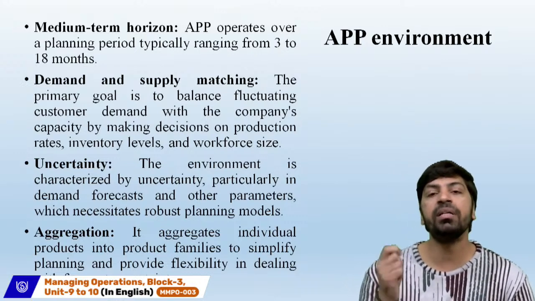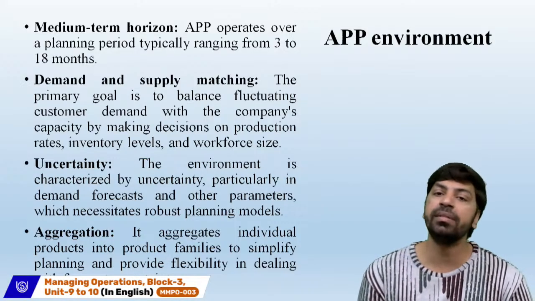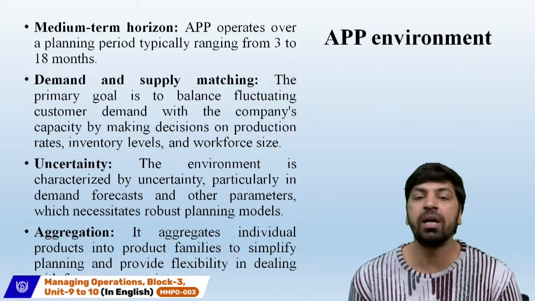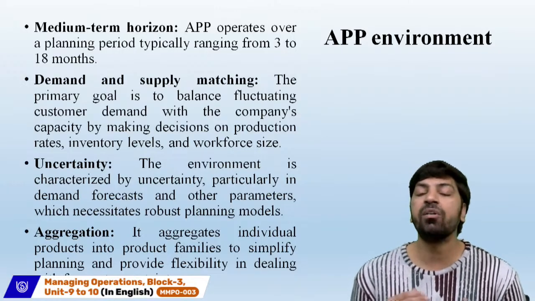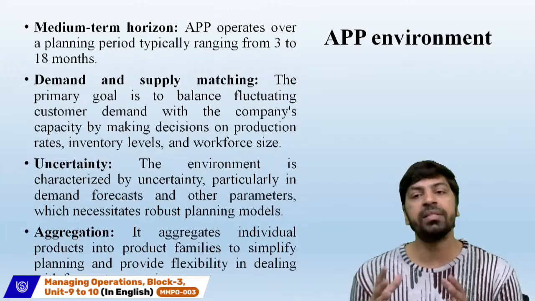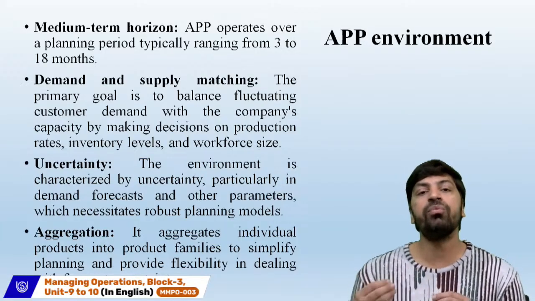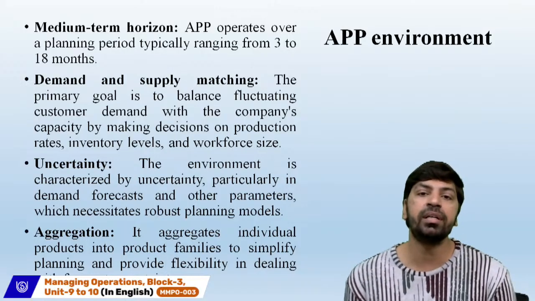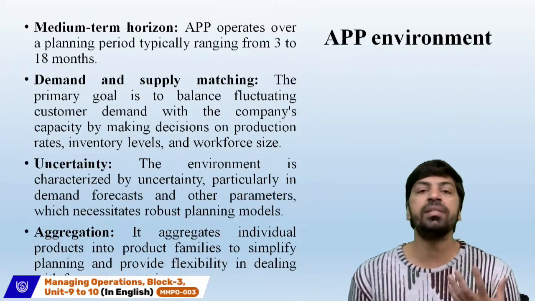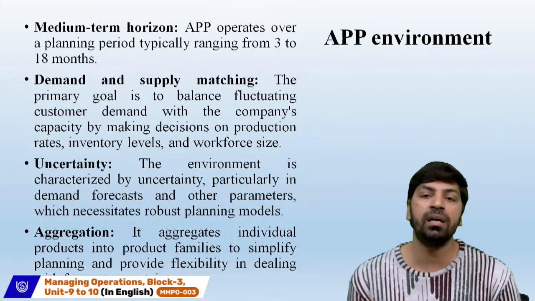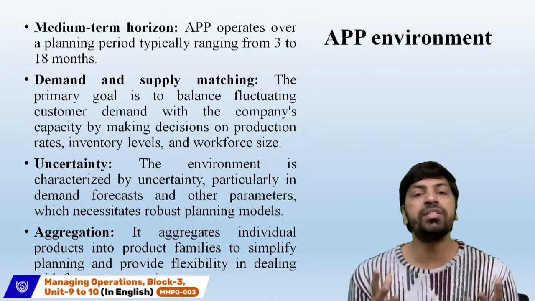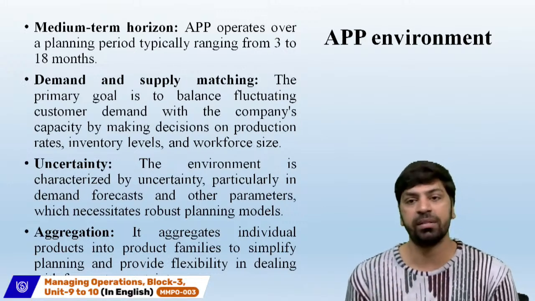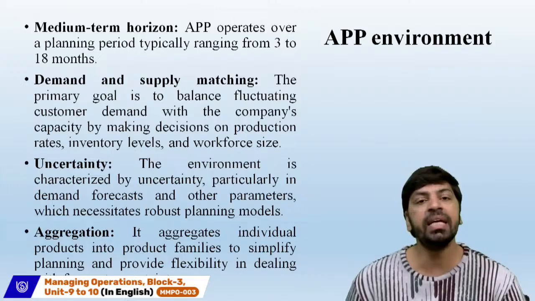The environment is also characterized by uncertainties, because anytime uncertainties can arise, and accordingly the organization always aims to forecast the demand based on such uncertainties. So wherever the necessity occurs, robust planning models will be used in advance. Next one is aggregation.